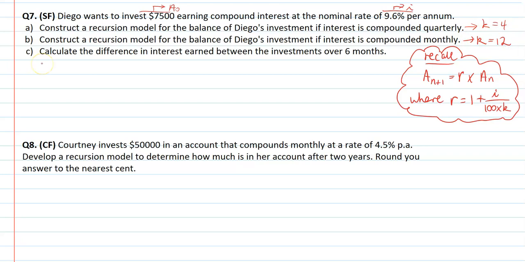And because we want the difference in interest between the investments over 6 months, for the quarterly one, we know that there's 3 months in a quarter, so essentially we want to compound it over 2 lots of quarters to get to the 6 months, whereas for the monthly one, there's 6 months, so we're after 6 compounds to get our balance.